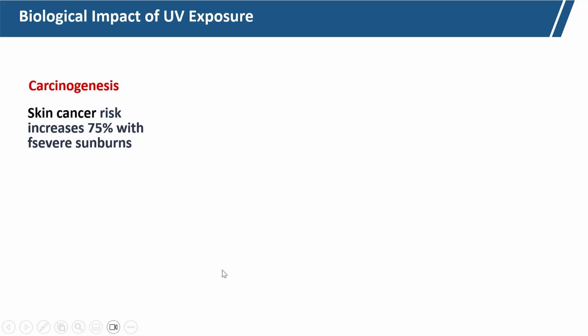Now, how does this UV exposure affect our body? The biological impact of UV exposure. It is carcinogenic in nature, which basically causes skin cancer, and skin cancer risk increases by 75%, okay, with severe sunburn.